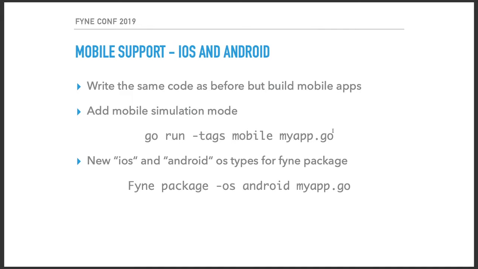But as you can see in this last command on the slide, packaging an application for your Android device is as simple as using fyne package -os android and the files to include. And that will generate an APK file, which you can then install onto your device or could process and upload for distribution. So that is getting your application ready.